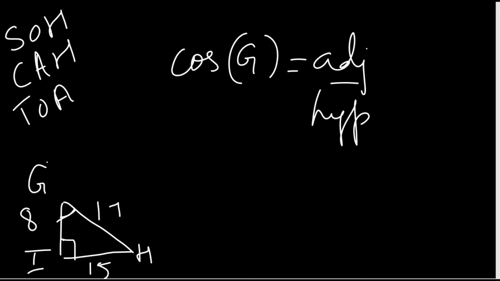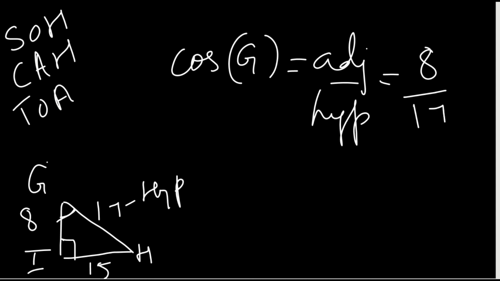With reference to angle G, what is the adjacent one? I'm sorry, it's 8 and not 17, because 17 is our hypotenuse. So obviously 8 is the adjacent side, so it is 8 by 17.